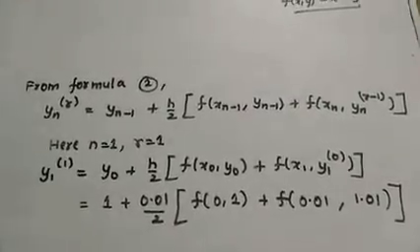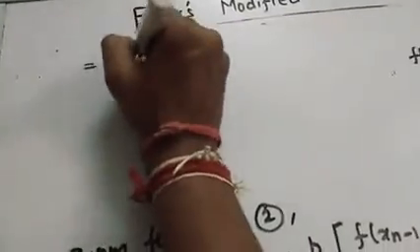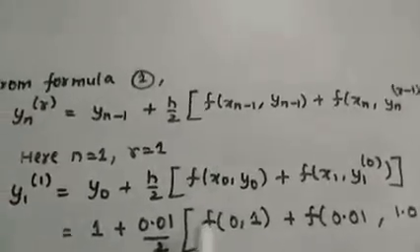So now putting into the function, we will get 1 plus 0.01 divided by 2. What was the first term? F of 0 comma 1.